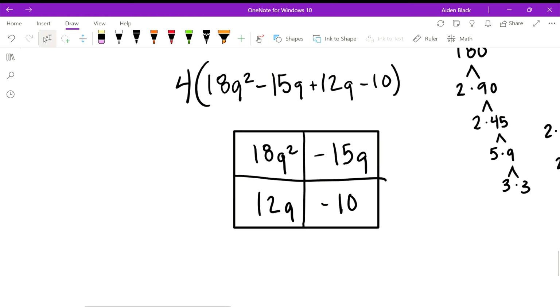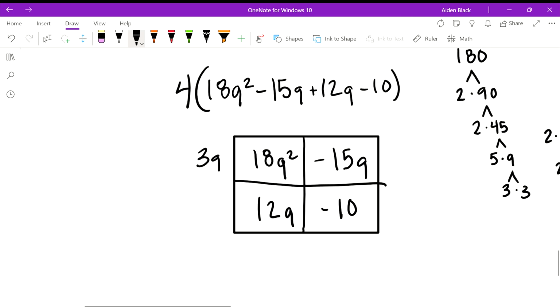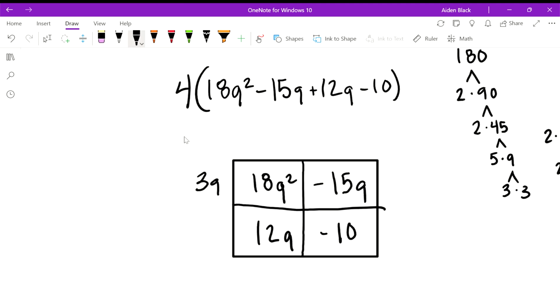So greatest common factor in that first row looks like it's going to be 3q, right? Okay, that looks good. And then if I want to get this value up top here, if I have this correct, then it should be that this and this multiply to make 18q squared, that first block.